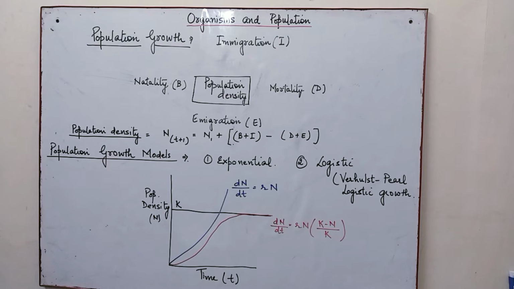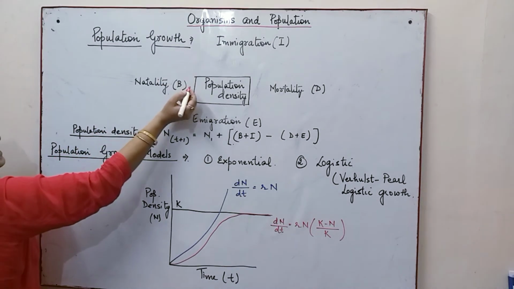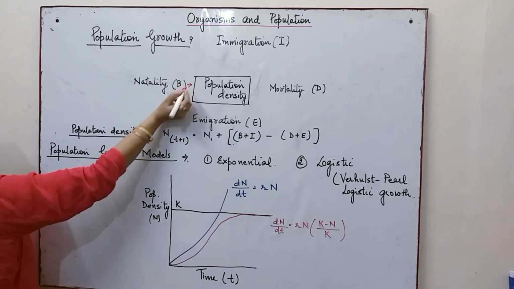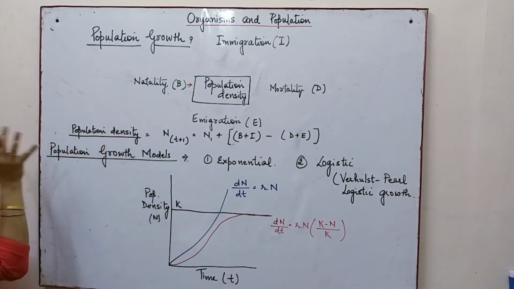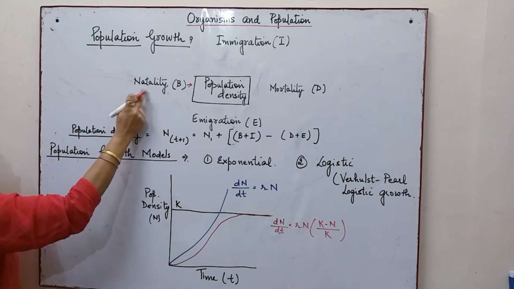So, out of these four processes, two cause an increase in the population density, while two cause a decrease. Now, here in this figure, when we talk of population density, there are two causes which increase it.